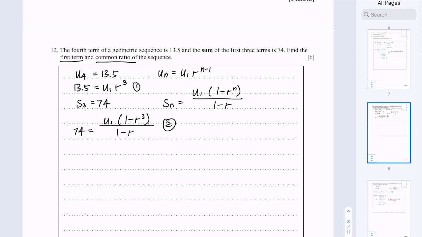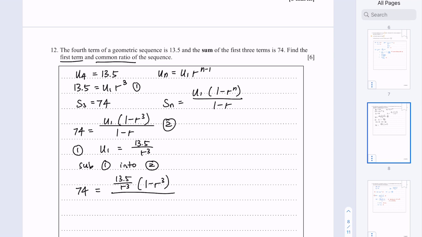Two unknowns, two equations. So right now what I'm going to do is I will rewrite equation 1 and solve for u sub 1. That gives me 13.5 over r cubed. I'm going to sub equation 1 into equation 2, giving me 74 is equal to 13.5 over r cubed times 1 minus r cubed all over 1 minus r.